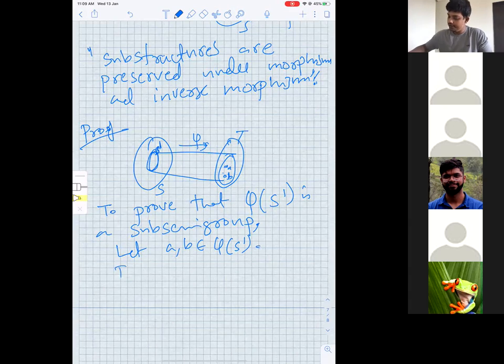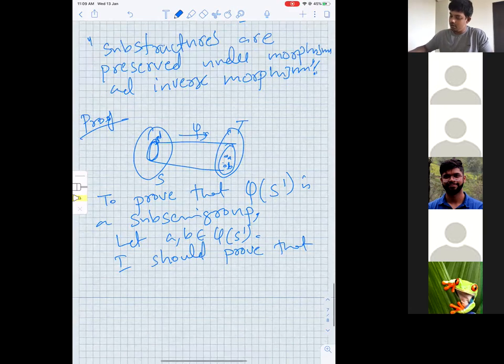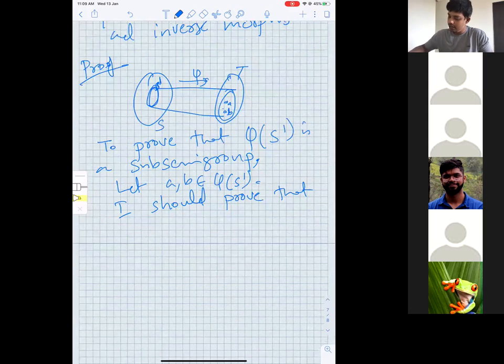I should prove that A times B is in phi of S prime. Now, how do I do that?